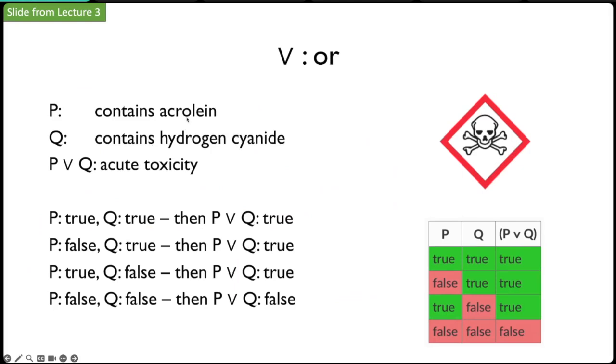Maybe you have a beaker or a sample or some environmental situation, and if it contains acrolein or it contains hydrogen cyanide, then it is acutely toxic. In this case, you don't need both of these present, you only need one of them. So we talked about these truth tables, that P being true, Q being true, implies P or Q is true. If one of these is false, the or statement is still true altogether, but the or statement is false if both of them are false.